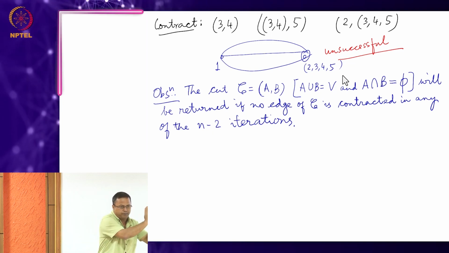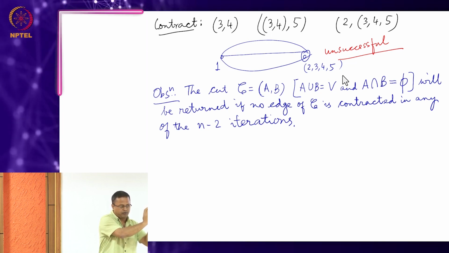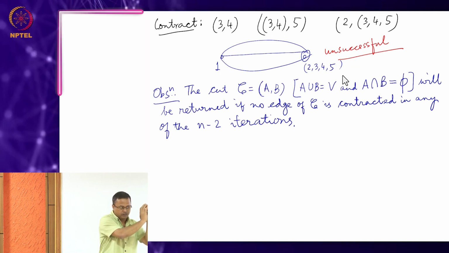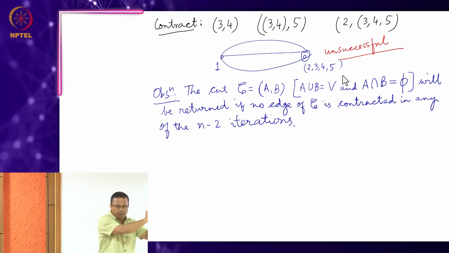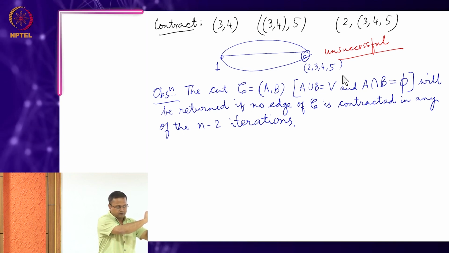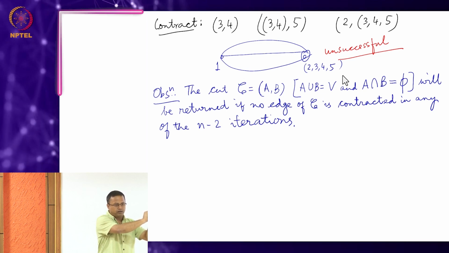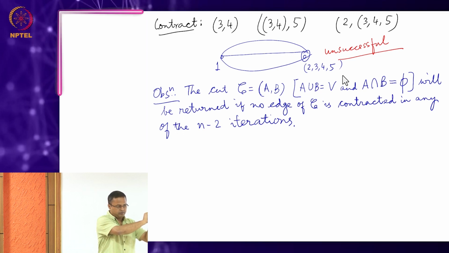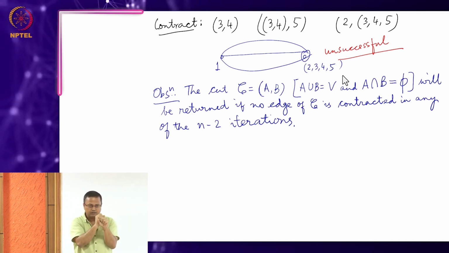I picked an edge uniformly at random in my first iteration. I was happy if this edge did not belong to the min cut. So I need this probability: the probability that an edge picked uniformly at random in the first pass did not belong to the min cut. Right? Come to the second iteration.